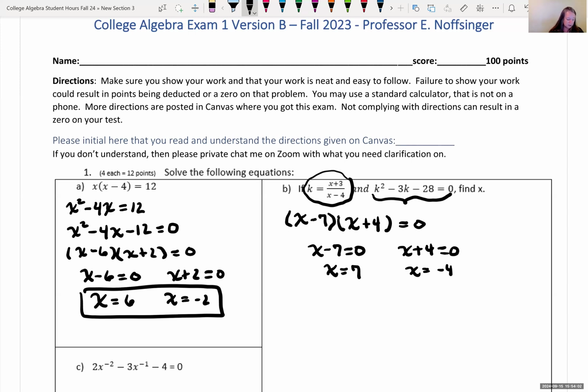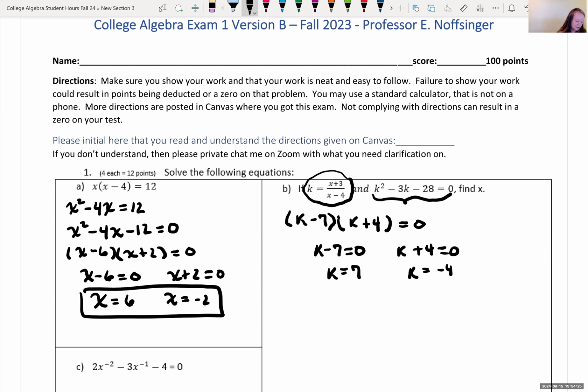We are going to plug in what we solved for k. And I apologize, but these were k, not x, at the beginning. So we have k equals 7 and k equals negative 4.